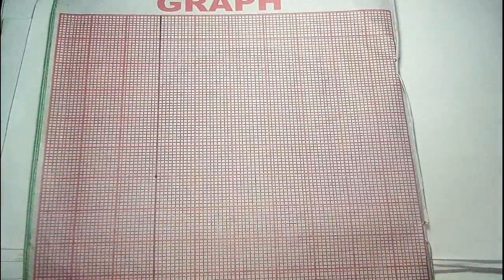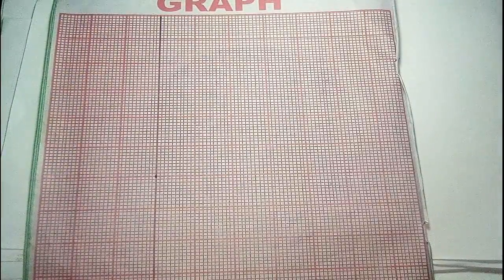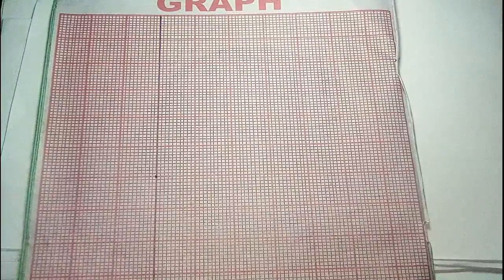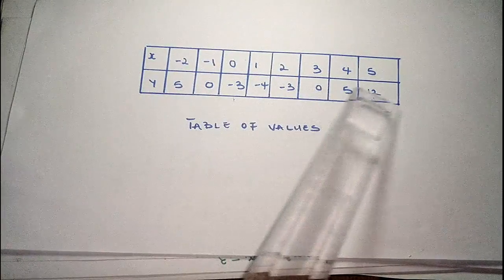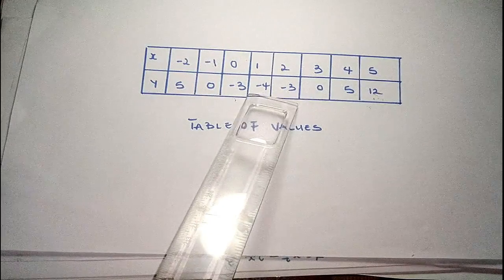So now, how do we know where our x-axis is going to lie? Now we're going to look at the points on the y-axis. The highest value on the y-axis is 12 and the lowest value is -4.